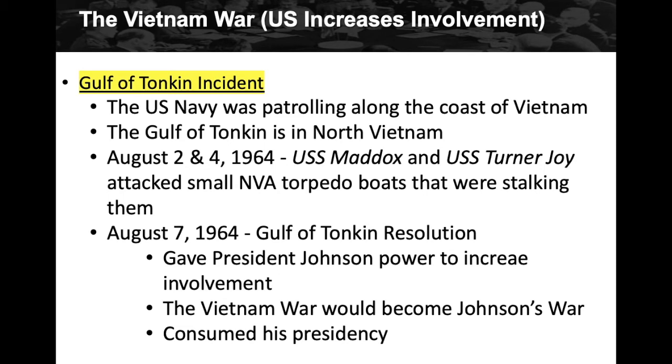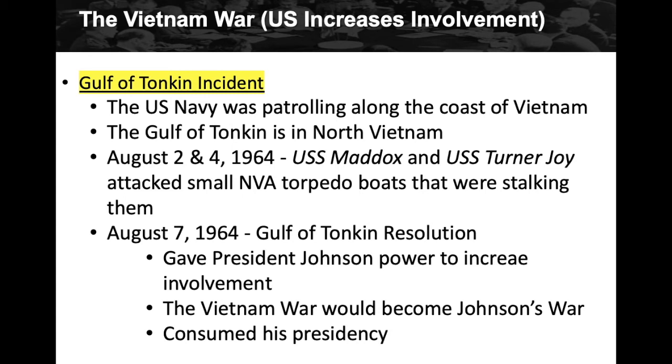August 2nd and August 4th, 1964, the USS Maddox and the USS Turner Joy attacked small North Vietnamese Army torpedo boats that were stalking them. And so you have these U.S. warships on patrol, and there's NVA bad guys stalking them, and so the United States fires on them. And so it's called the Gulf of Tonkin Incident.